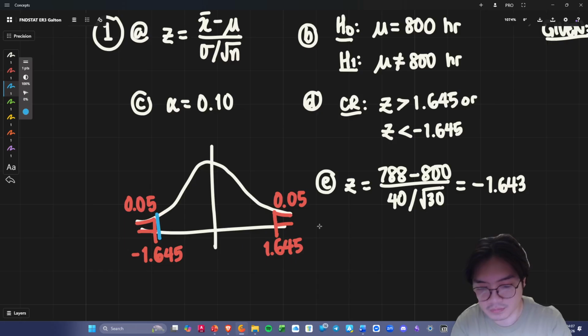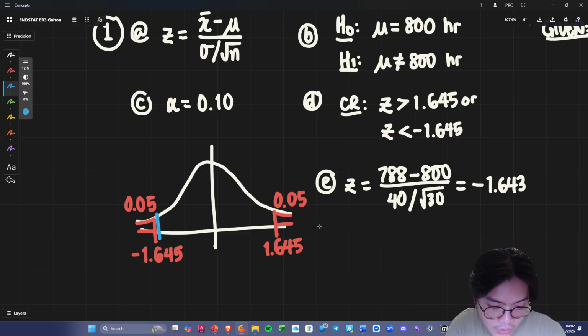So let me put this now in my calculator. If you remember, there is a way for us to understand the area for negative 1.643.